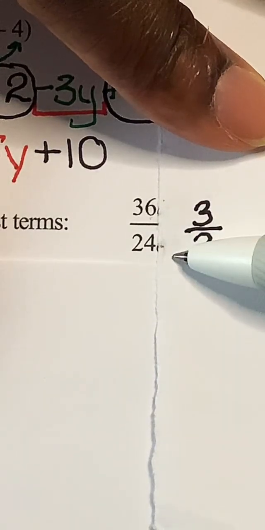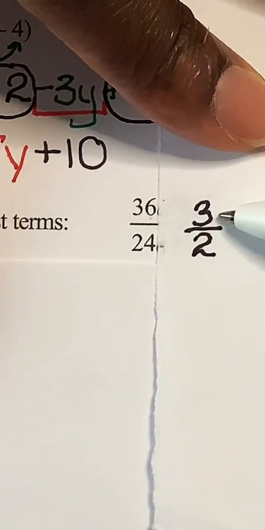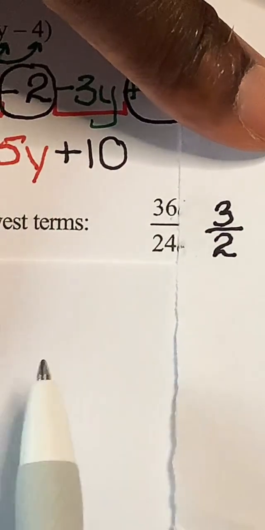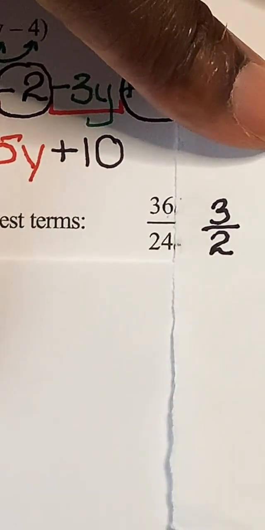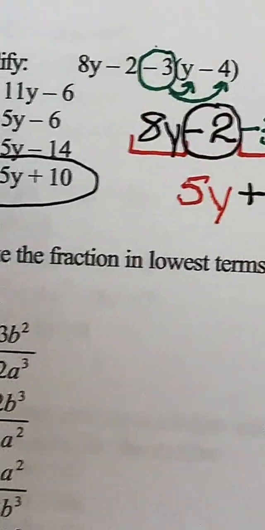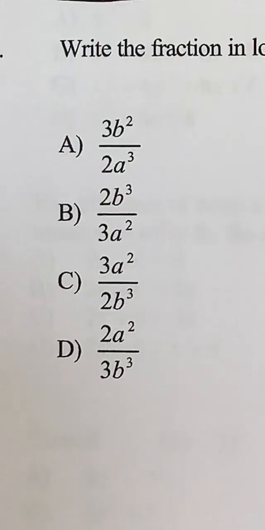If I divide the 24 by 12, that will give me 2. You could also divide both the 36 and the 24 by 6, right? And that will give you 6/4. And 6/4 can be reduced by 2, which will give you 3/2.